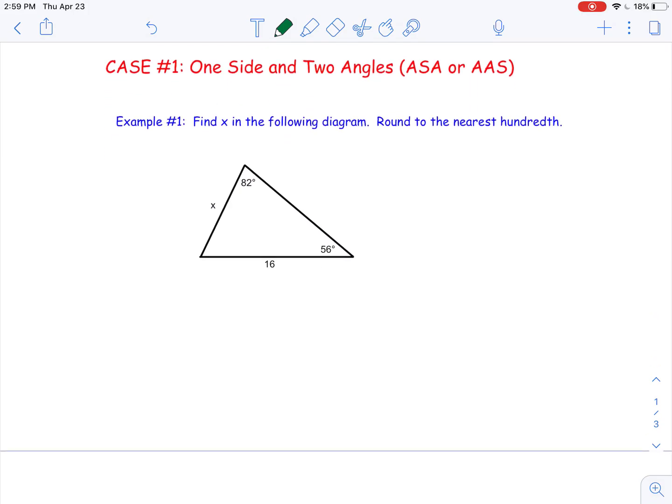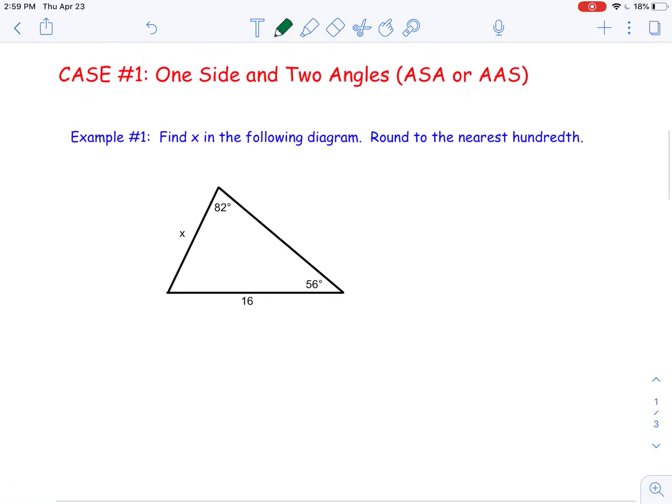So let's look at case one. Case one says, what happens if we are given an angle side angle situation or an angle angle side situation? In this first one, we're given two angles and a side.